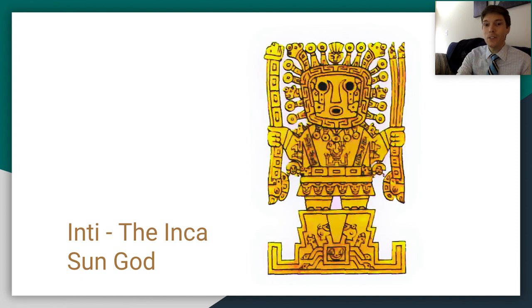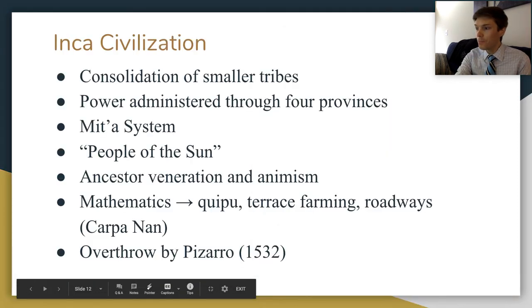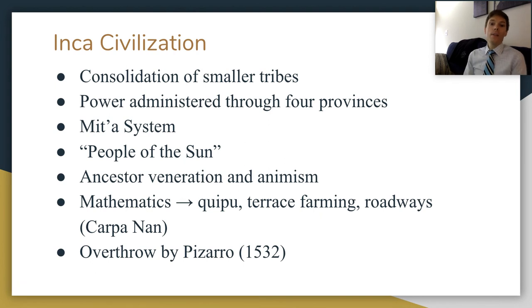Royal ancestor veneration, as I've mentioned here, was a practice intended to extend the rule of a leader. So dead rulers were mummified and continued to rule as they had in life and were thought to retain ownership of their servants, possessions, and even their property.